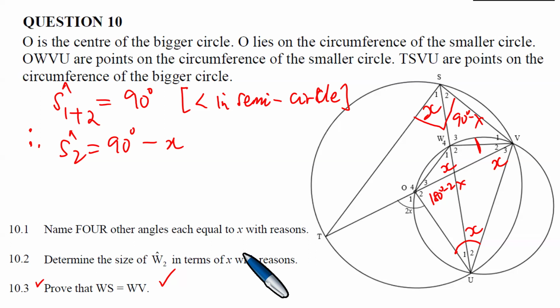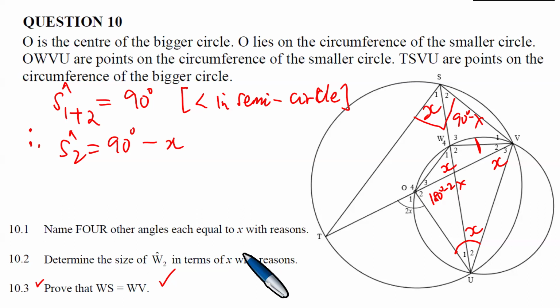since W2 is the exterior angle of triangle SWV, I said S1 plus S2 is equal to W2, exterior angle of a triangle.